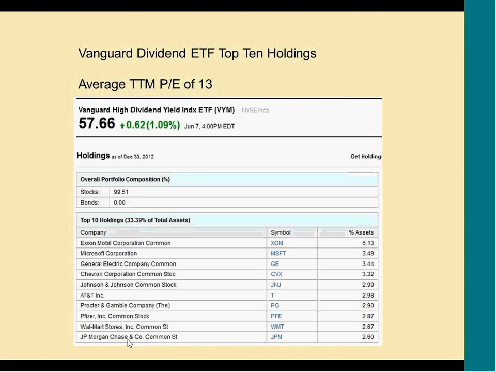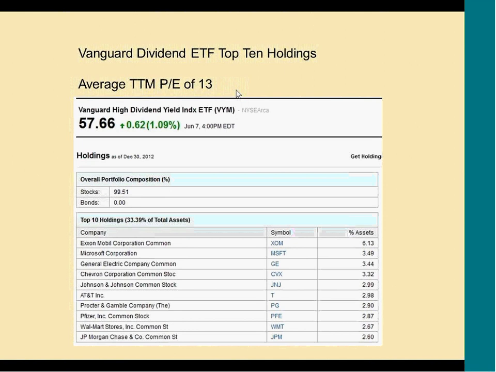So the question is how to enter this ETF with low risk and still participate in the upside potential of this ETF. So I took a married put position, and I'm displaying my broker confirmations here, and you can see I bought shares of the Vanguard Dividend High Yield, which is symbol VYM.